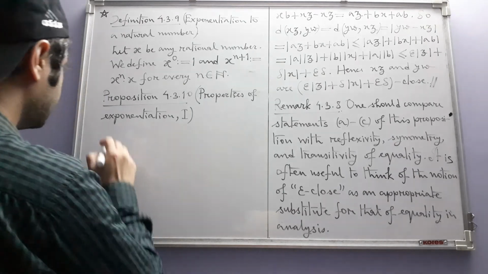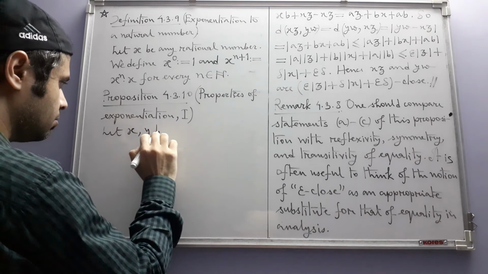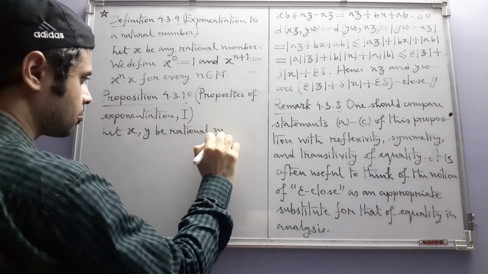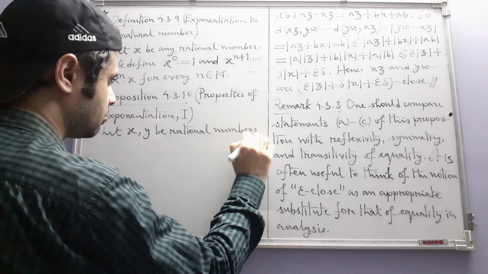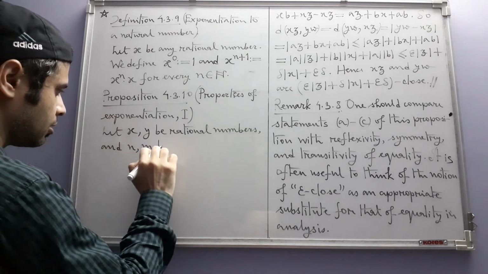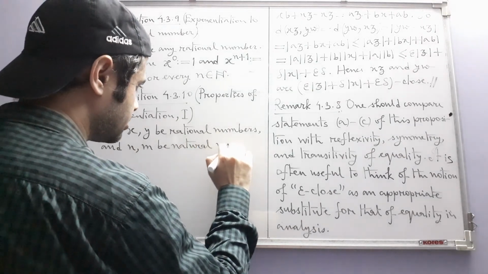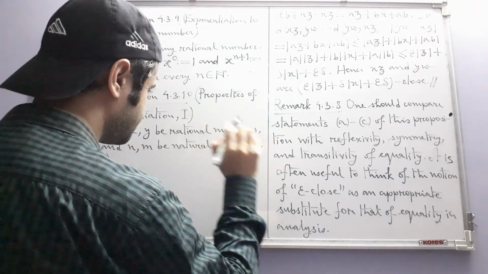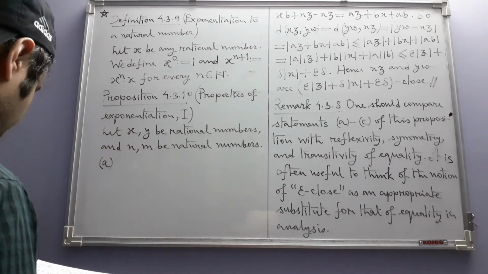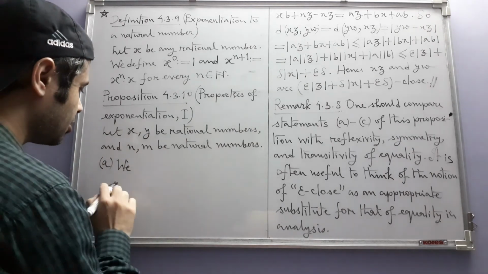Okay, so we start like this. Let x, y be rational numbers and n, m be natural numbers. This proposition also has some parts. The first one is of course the most familiar ones.